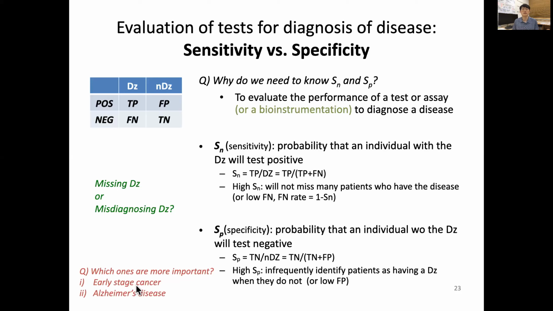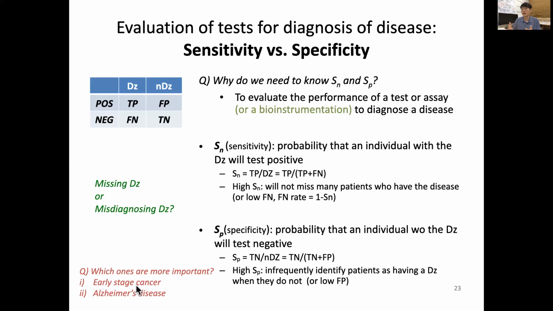Let's say early stage cancer. Think about early stage cancer: cancer is a very, very important disease because it can be fatal. If you don't diagnose well enough, for example, if you miss the early stage cancer, then it turns out to be real cancer later on, and at a later stage, you already know it's more fatal.